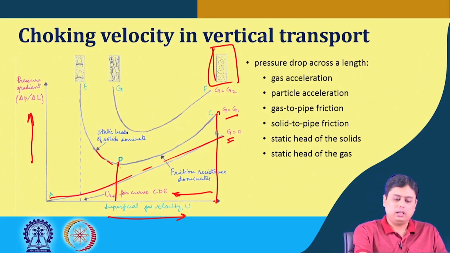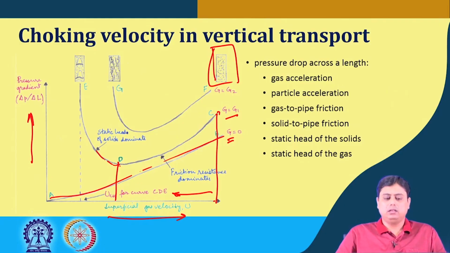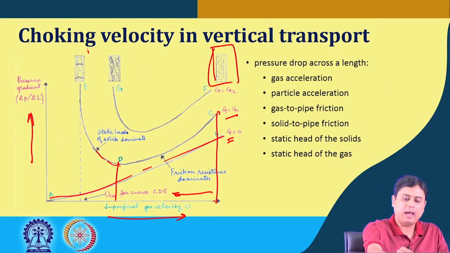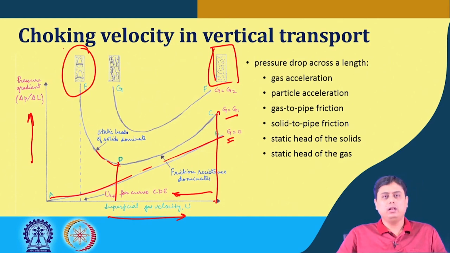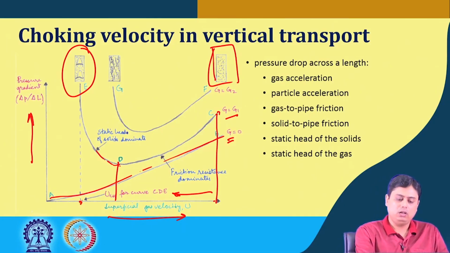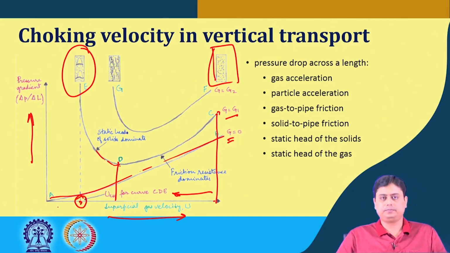And if we further decrease that, this scenario would happen when the solids will completely block the channel and the flow would not be there. That velocity we call the choking velocity.